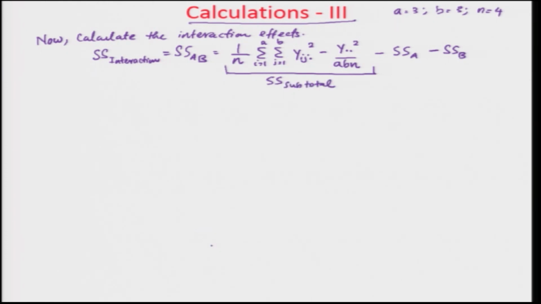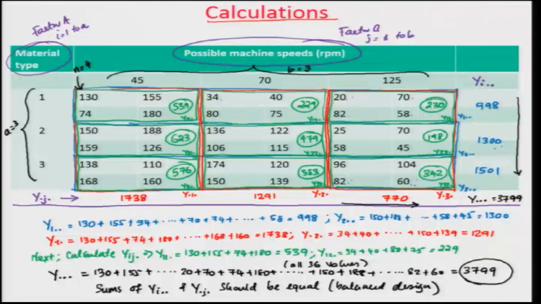So, this whole thing is your sum of squares of subtotal. Okay. So, what you do is you calculate the sum of squares of subtotal in this regard, and then from there you subtract out these two values. So, your SS subtotal is calculated this way: it is basically 1 over 4, okay. Then what are the values that you are going to use? You are going to use these green circled values 539, 229, 230, 623, 479, that kind of values.